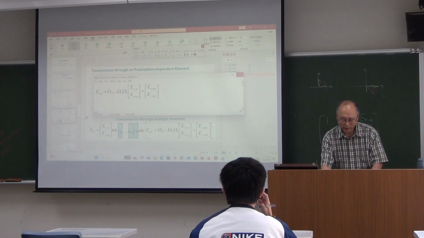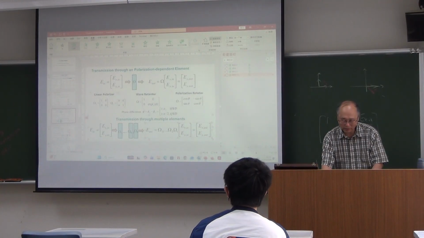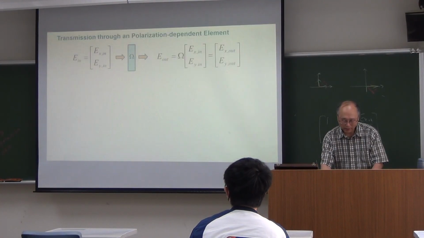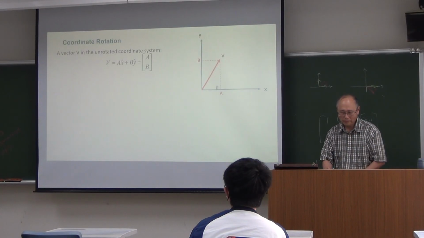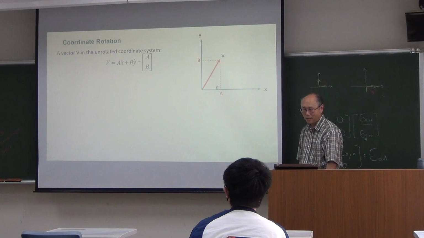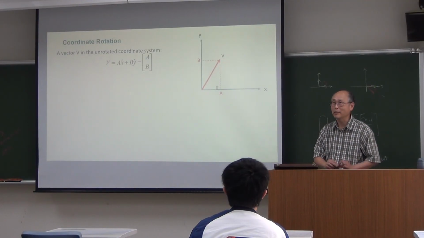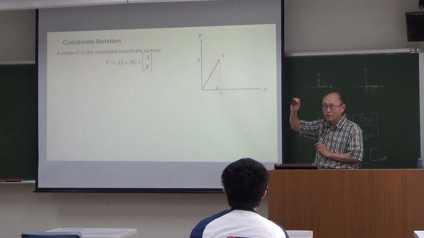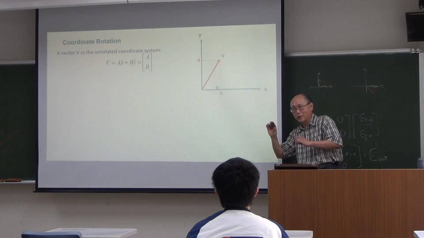So it's quite convenient, as you have to learn it when you learn the ABCD matrix. All right. So now we learn about how we rotate this element with an angle. Sometimes we need to flip ourselves with the angle.